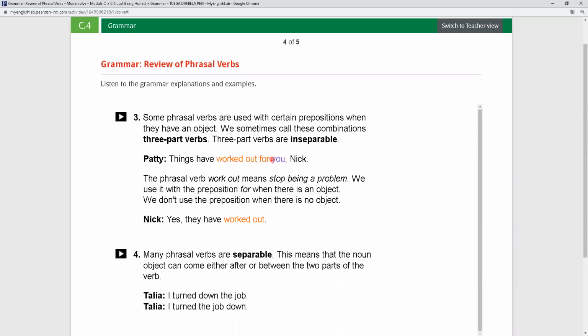Creo que no te he enviado, Dani, la lista de preposiciones. Esa creo que no. A ver, ahorita te voy a enviar. Ok. Dame un segundito.